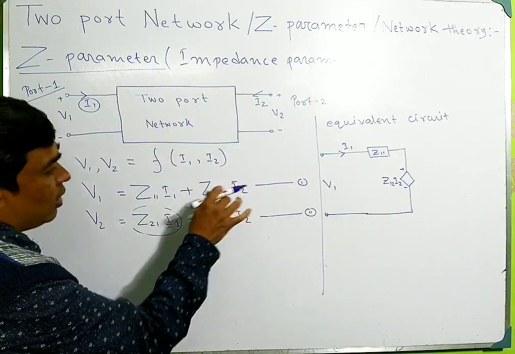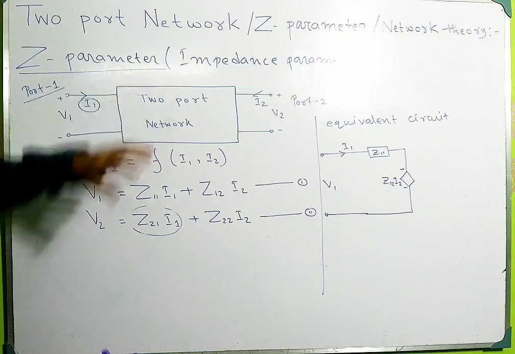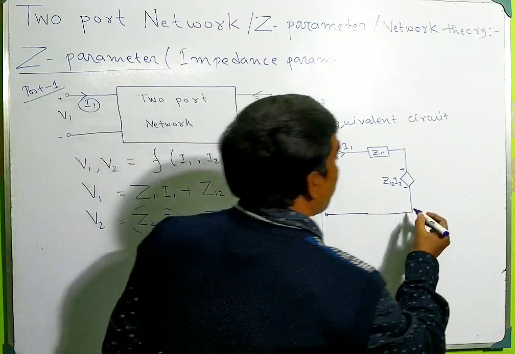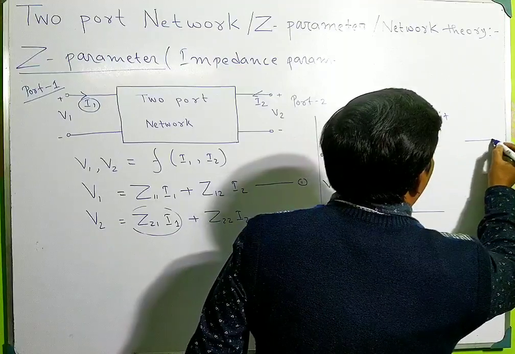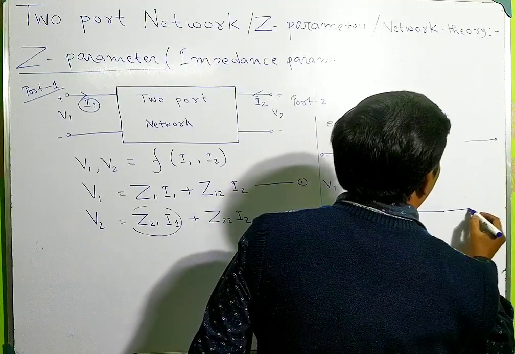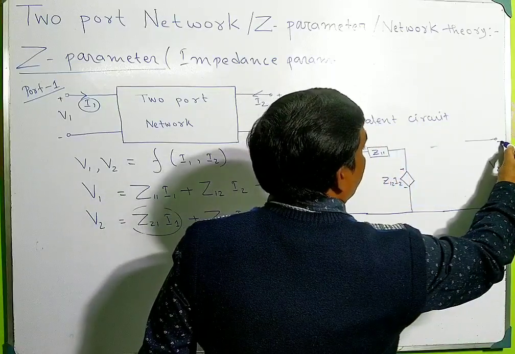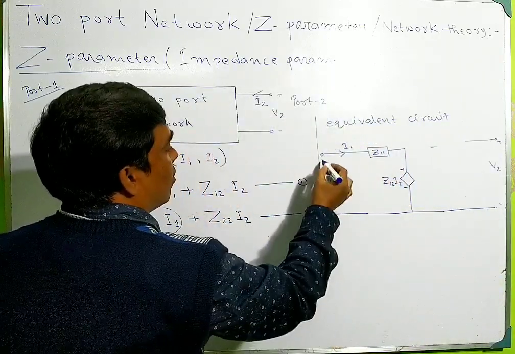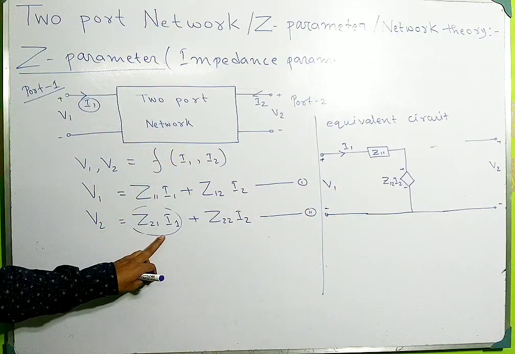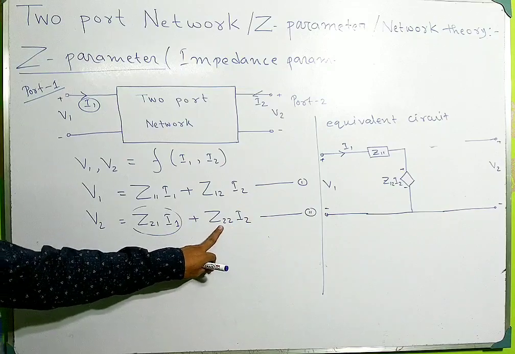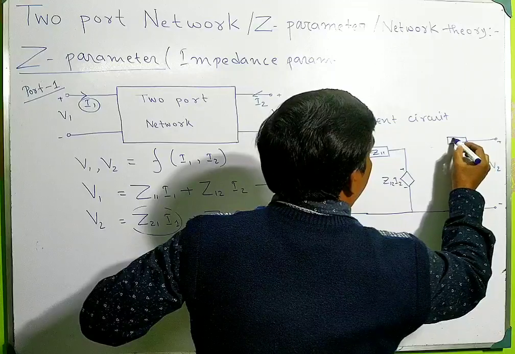So this is the input port of this two-port network. Now, suppose this is port 2, this is V2, with plus and minus.